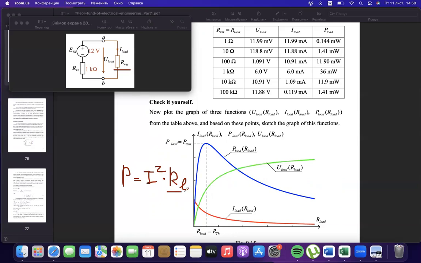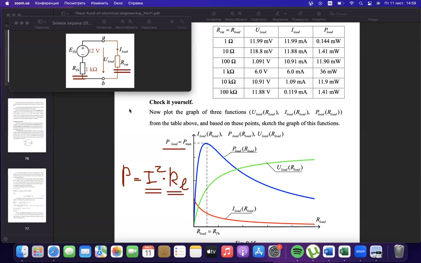But if the resistivity of the load increases, the current decreases. That is why we should find some value of resistivity such that the current stays not very small, but this resistivity also shouldn't be very small, just to obtain some big amount of power. And this condition of maximum power, as we found and proved, requires these resistivities to be equal.